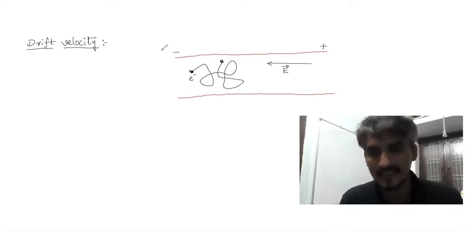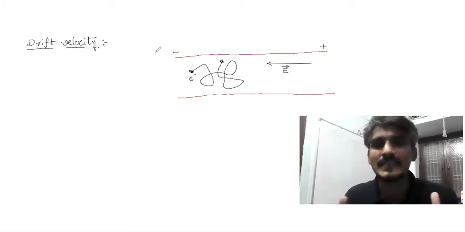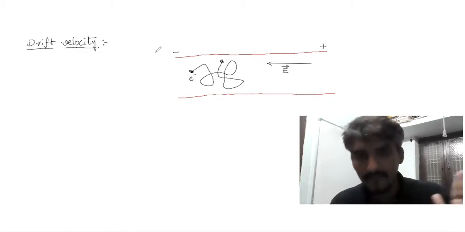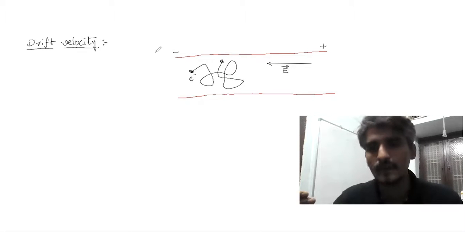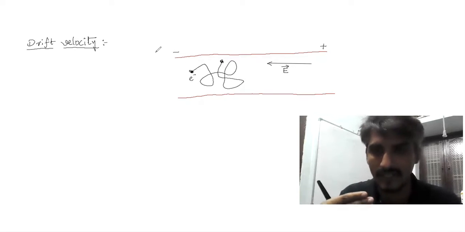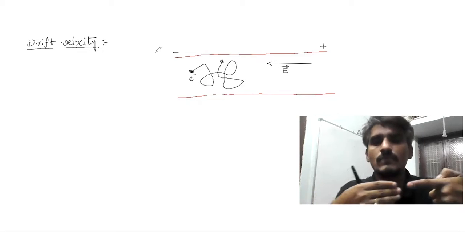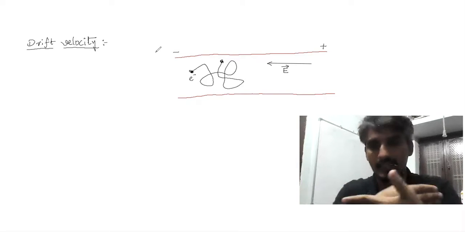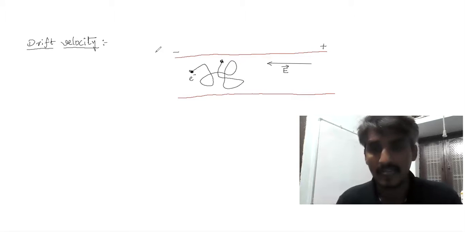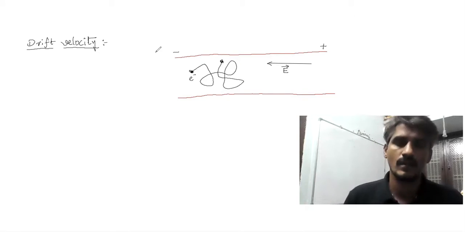So what happens when an electric field is set inside the conductor? Electrons will be attracted, meaning in the direction opposite to the electric field, the electrons will move like this. Means the electrons will get accelerated. Got my point? The electrons will get accelerated opposite to the direction of the electric field.